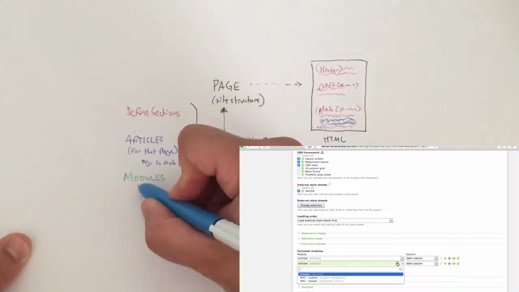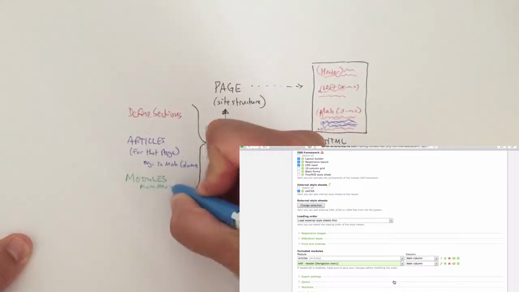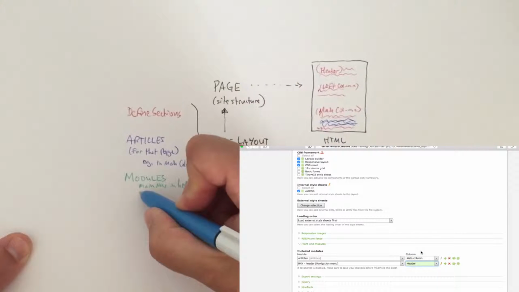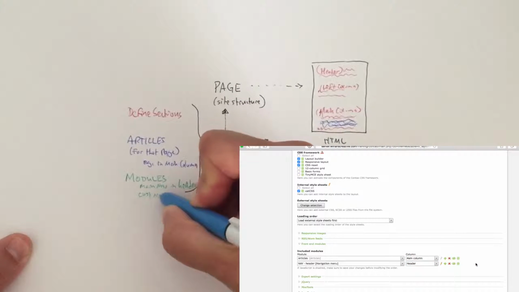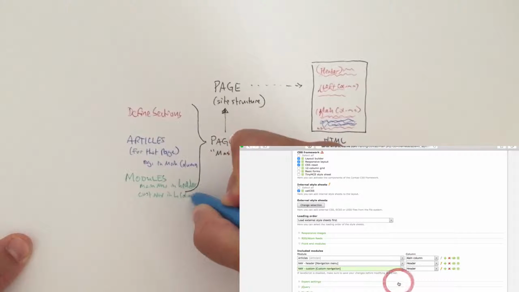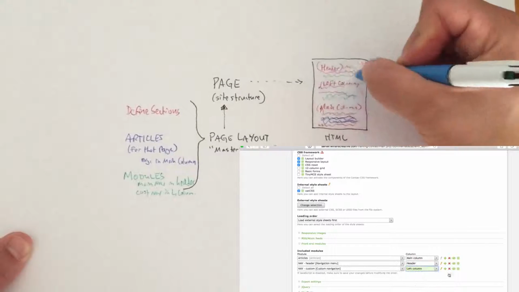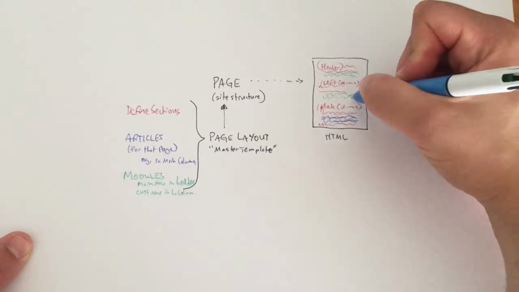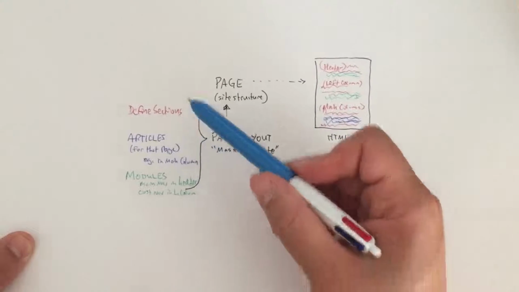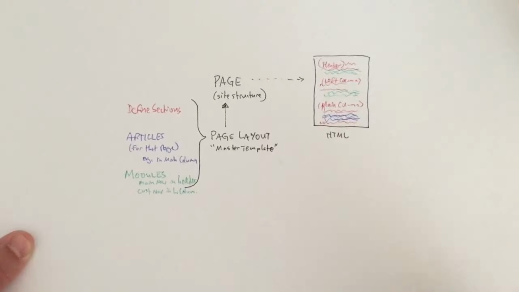So you might have your main nav in the header, and I had that custom nav in the left column. So that'll output the HTML like this. So basically all this stuff here is getting funneled through the page layout onto the page.